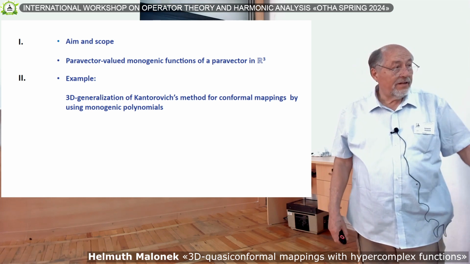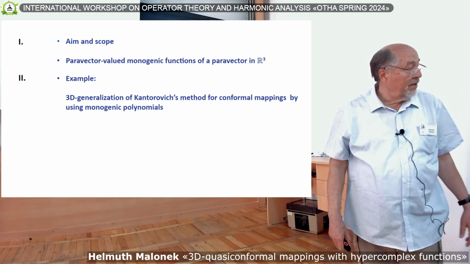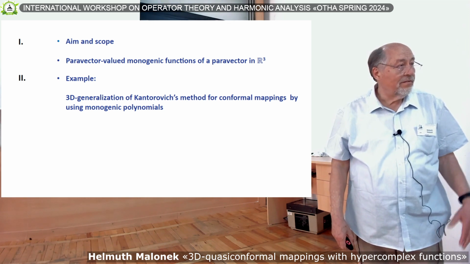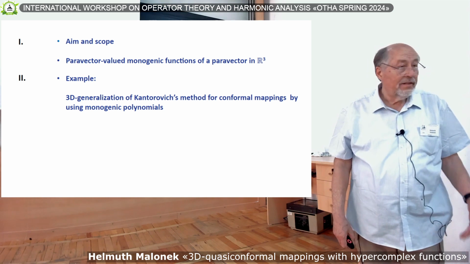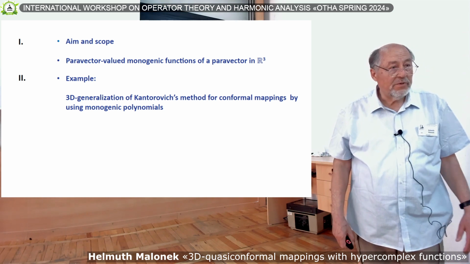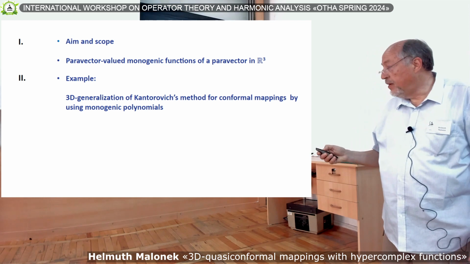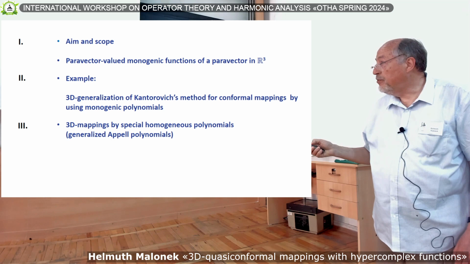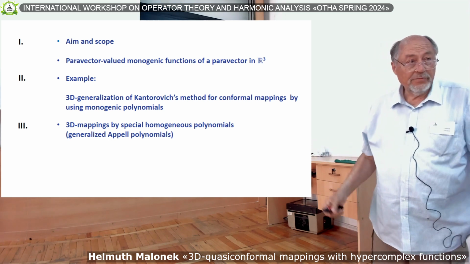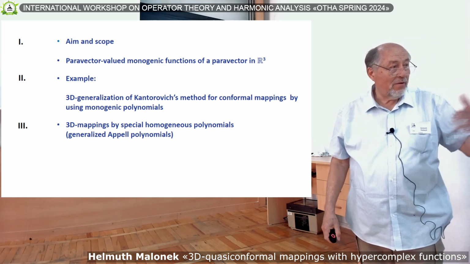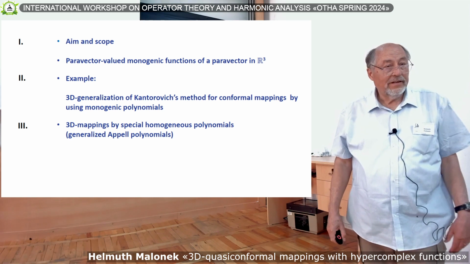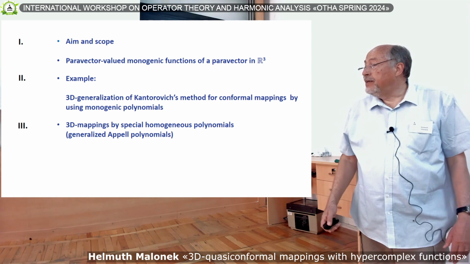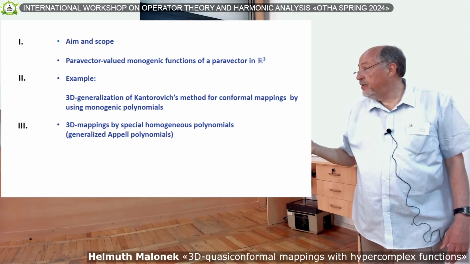And he has there in the book the example for mapping the square into the sphere, which is in the plane already a problem which leads to quasi-conformal mappings, as you know. Then, in the third part, I will show you that by introduction of some generalized Appell polynomials, generalizing the power of the complex variable z in a suitable way, very easy to count, can also be used.